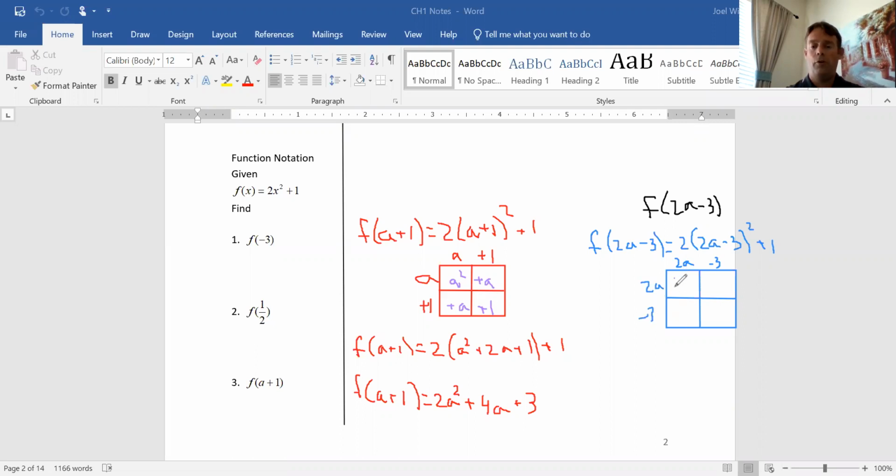So we have 4a squared minus 6a minus 6a plus 9.